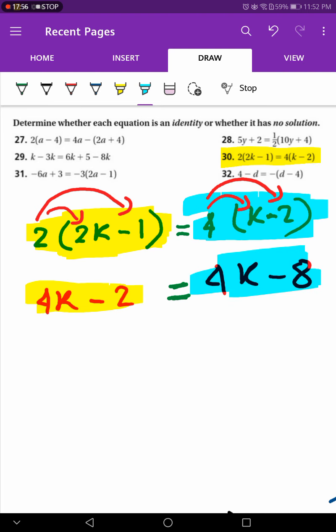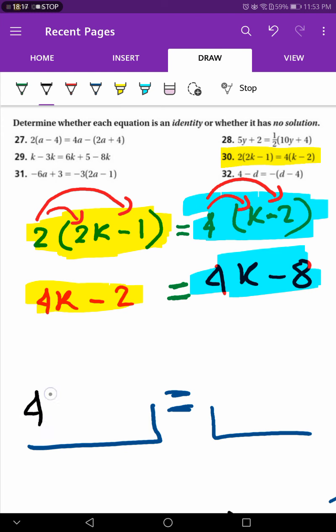Now we put all the variables in the left side. That means I will draw like this. Do like me exactly, my dear student. You will be happy. Now the left side has 4k, and I will bring this; it will be minus 4k.